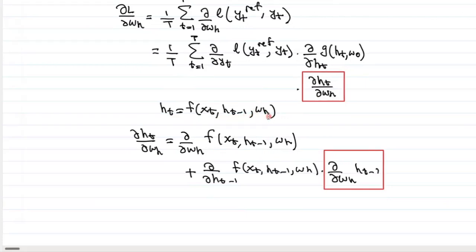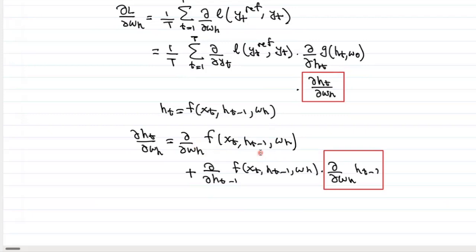So this means that in this function, it's not just WH that we have to consider, and actually h of t minus 1 is also a function of WH. And this comes because of the recurrent connection that we have, that from the previous time step, also the WH, which are these parameters that are shared across different time steps.